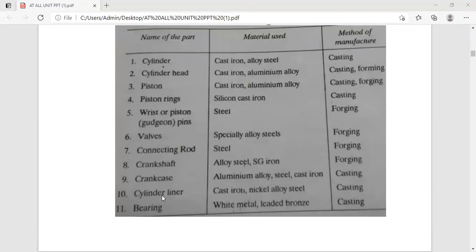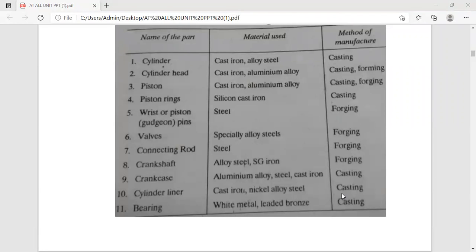Next point is the cylinder liners. The materials we use for the cylinder liners are cast iron and nickel alloy steel, and the method of manufacturing is casting. Why do we use cylinder liners? Because every time it is not possible to replace the cylinder.